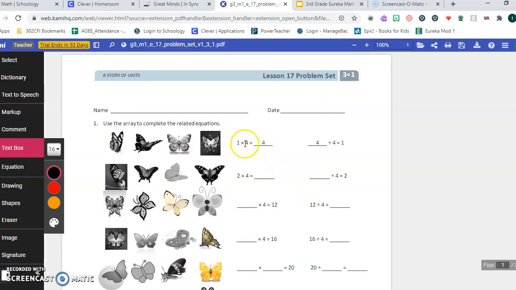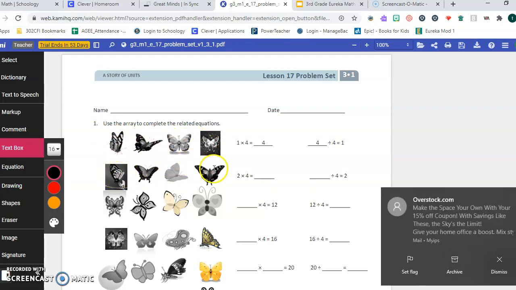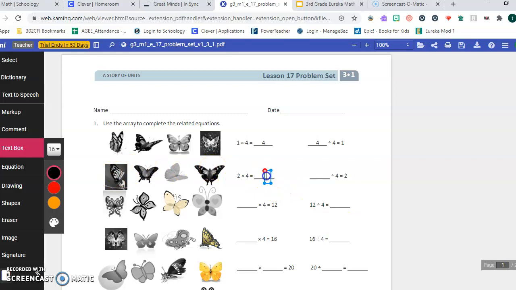So one group of 4, or 1 times 4, is 4. 4 total butterflies divided by 4, which is the size of the group, gives you one group of 4 butterflies. Okay, now we've got our count by here, 4, 8. So we've got one group of 4, two groups of 4 is going to give us 8.